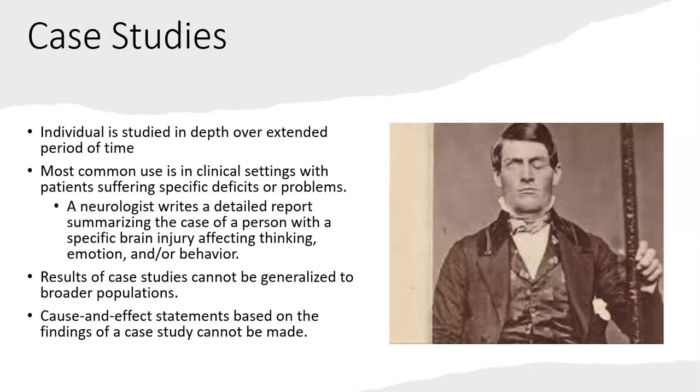Perhaps they're not. And the only way you would be able to know is to do more controlled study with a randomized population in order to understand what the nature of frontal lobe injuries actually causes.